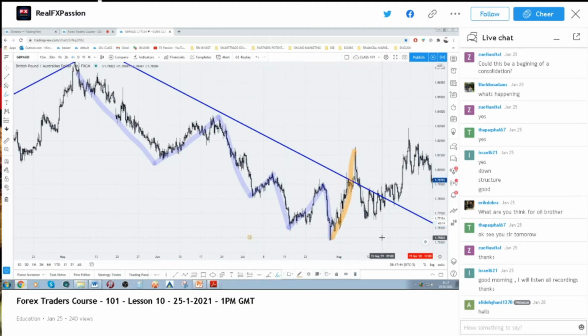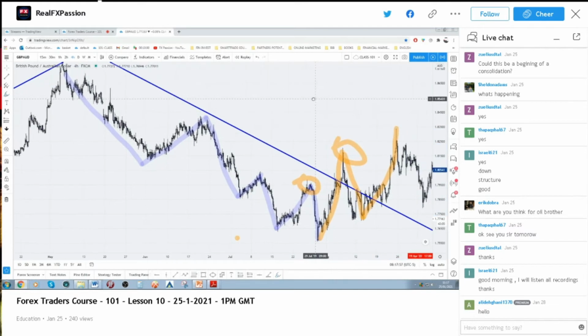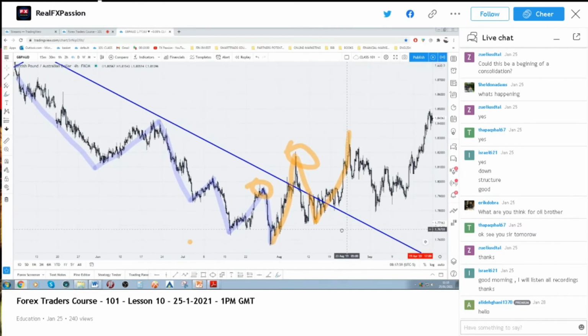Okay, everybody? And we learned this in market structure, right? Higher high, and I'm monitoring the market wave. Extension, retracement, extension.